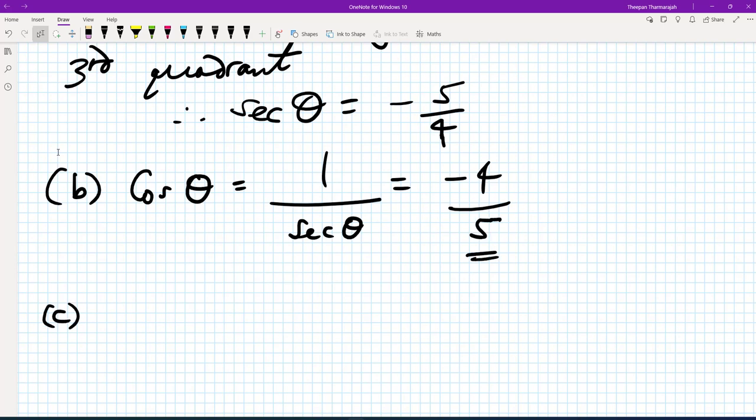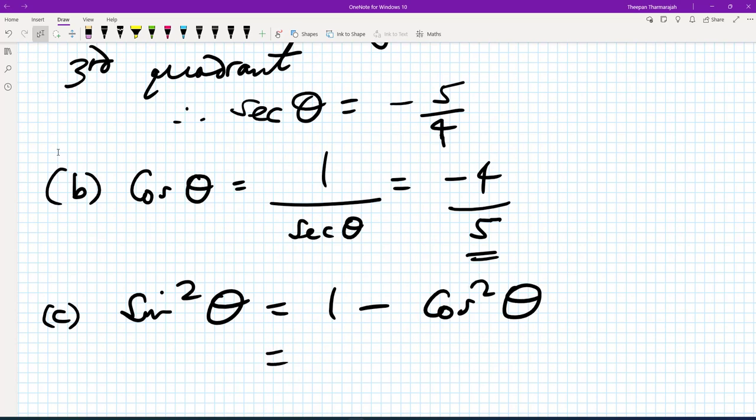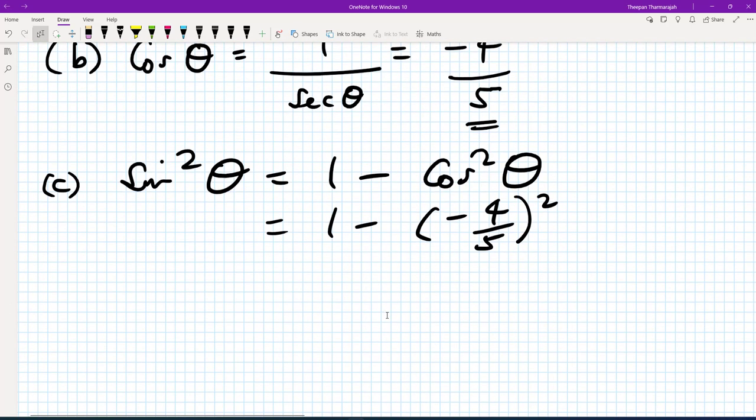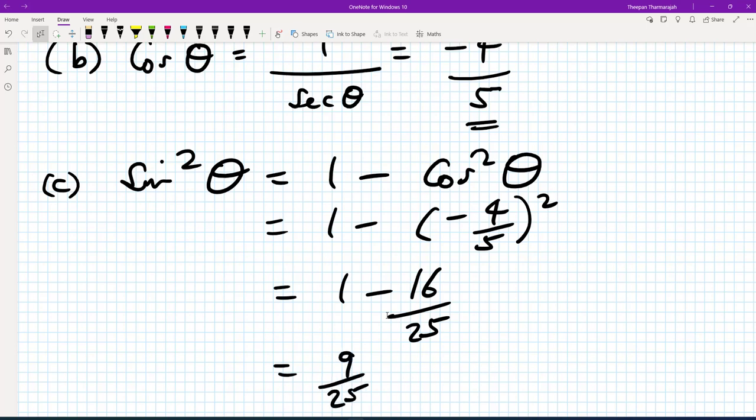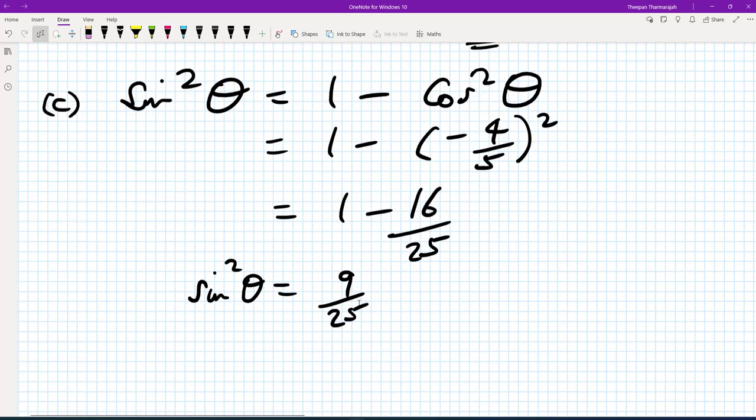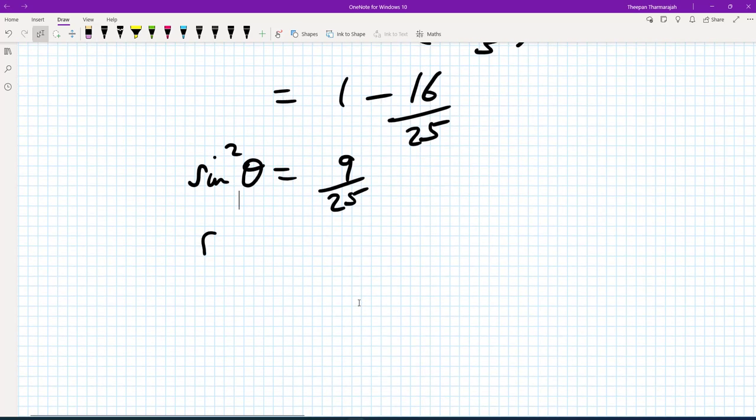And to find sin theta, we do sin squared theta, which is 1 minus cos squared theta, which is 1 minus 4/5 all squared. So that will give me 1 minus 16/25, which is 9/25. But don't forget, that's sin squared theta. So sin theta is plus or minus the square root of that.